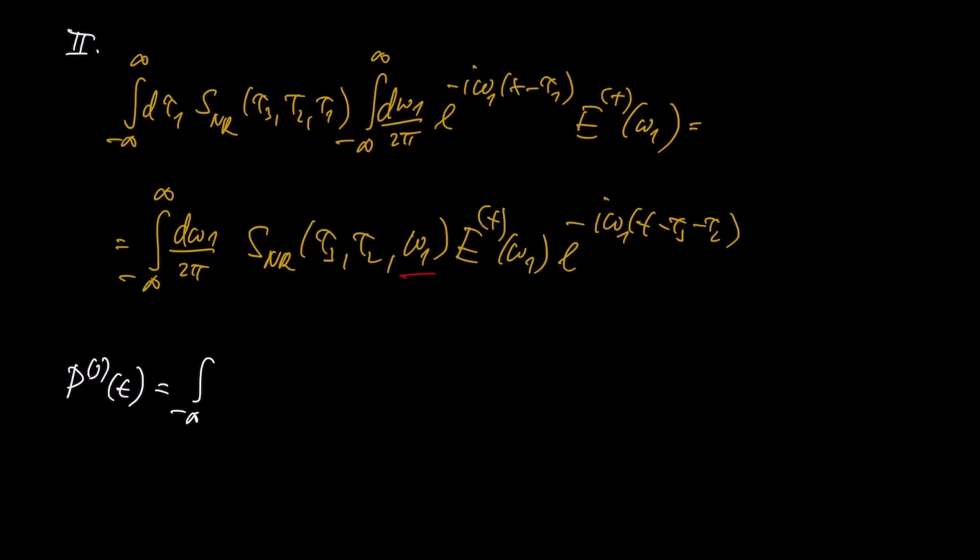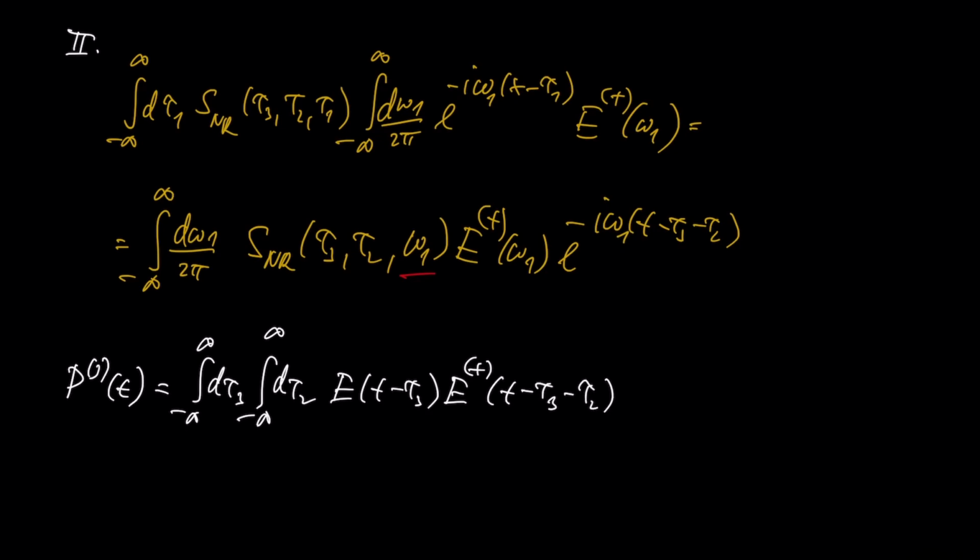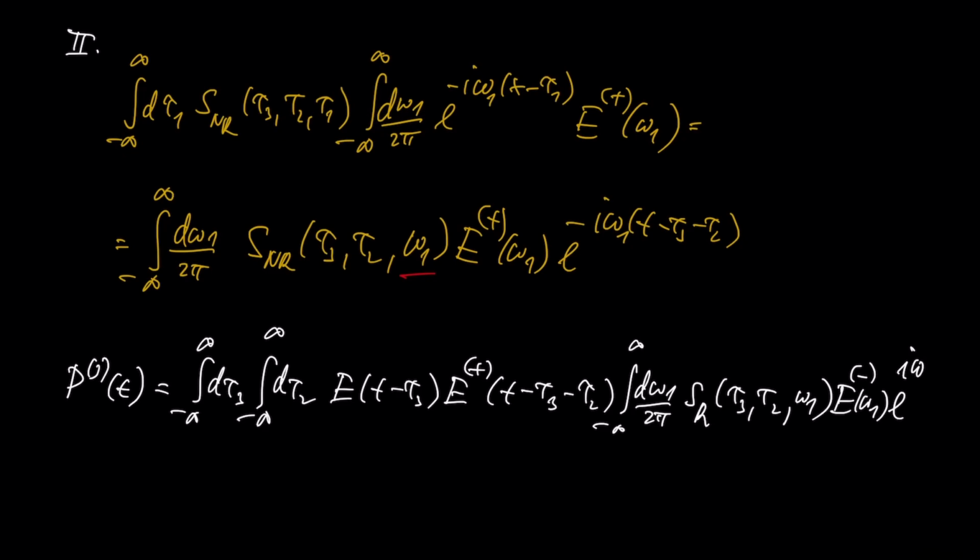So we will write the following: tau 3, tau 2, and here we have E(t minus tau 3) and E plus (t minus tau 3 minus tau 2), and the integral that we have derived earlier, S_R(tau 3, tau 2, omega 1), E minus omega 1, e to the power of i omega 1 (t minus tau 3 minus tau 2).